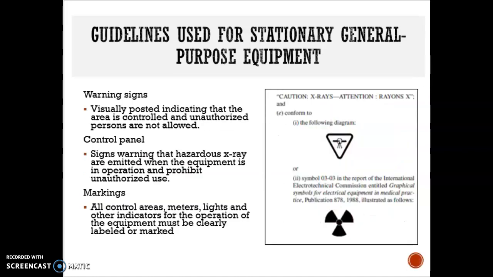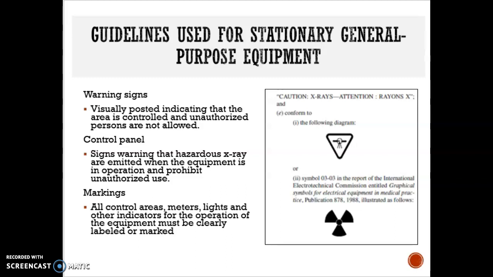A warning sign must be present that is visible and legible, warning us and others of the hazards of X-ray that's being emitted when the equipment is in operation, and the use thereof must be prohibited. Only authorized people should be allowed in the area. The control panel or console must be located behind a protective barrier that has a radiation absorbent window and that permits observation of the patient during any procedure.